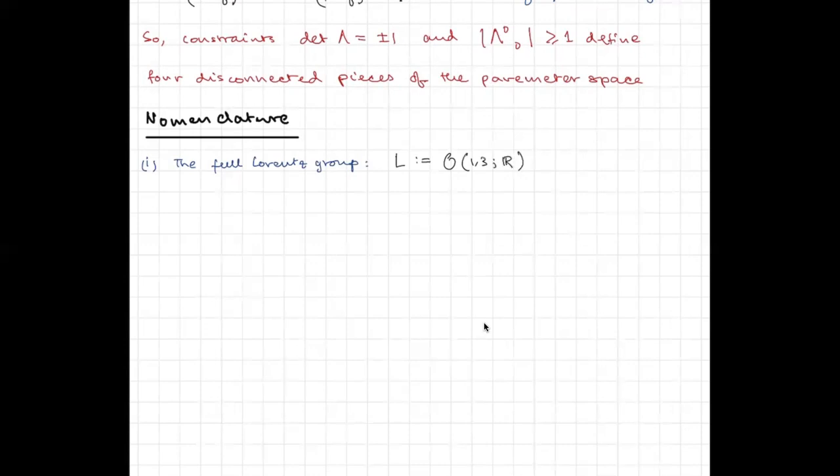So this would mean that lambda belongs to general linear 4x4 matrices with real entries, subject to lambda transpose eta lambda equals eta. So this is the whole group.